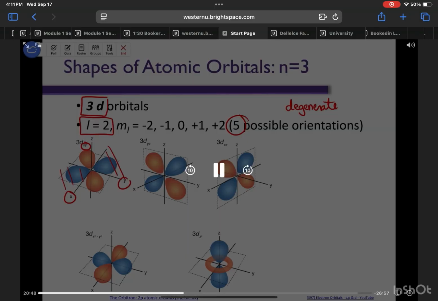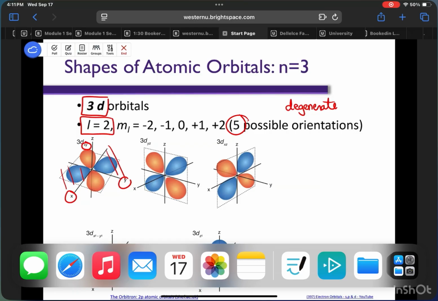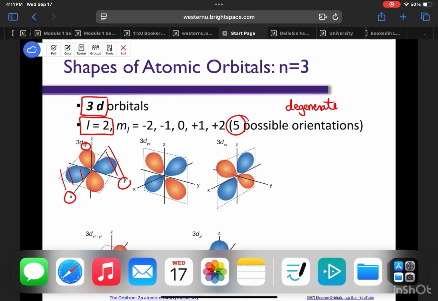So if I have my flat piece of paper, I'm going to try to align it like you have in your workbook. This is the xy plane. Notice that the lobes, these 4, they're not balloons, but we can visualize it with balloons, they lie between the axes. So notice that it's not pointing directly along the axes like the px, py, pz.